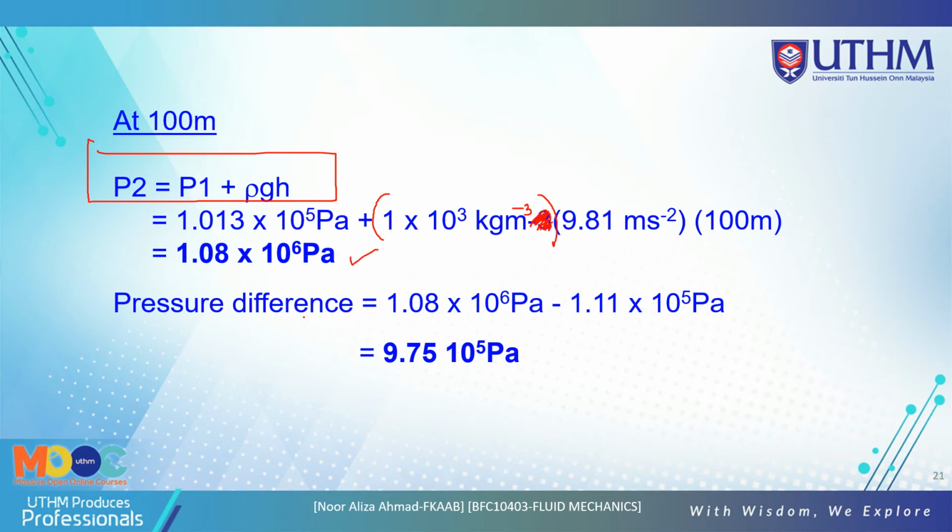To get the pressure difference from 1 meter to 100 meter, you just subtract the 100 meter minus the 1 meter. So you get the value of 9.75 times 10 power 5 Pascal.